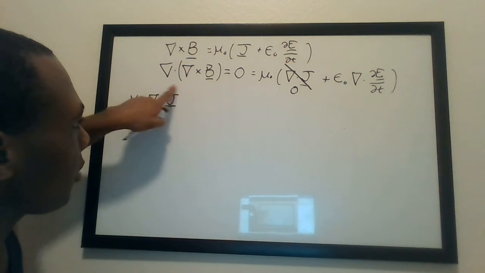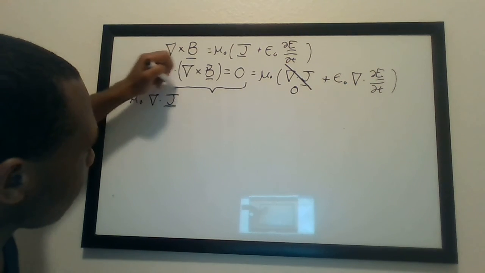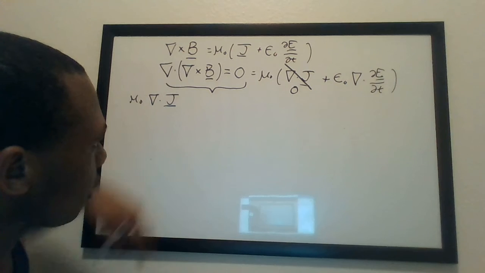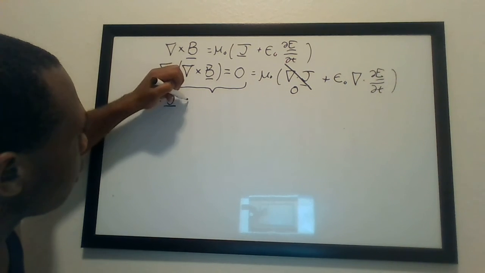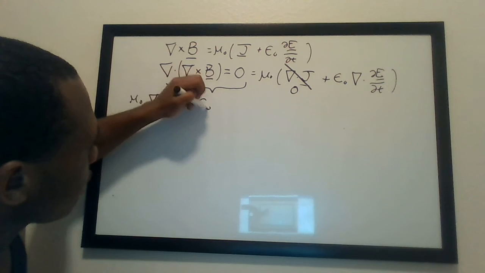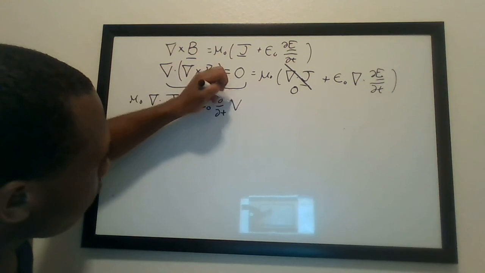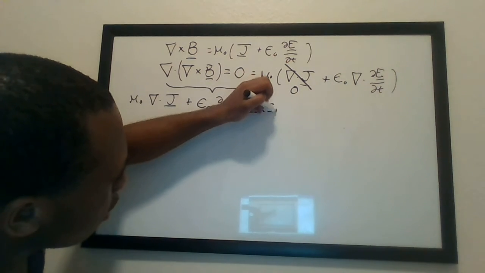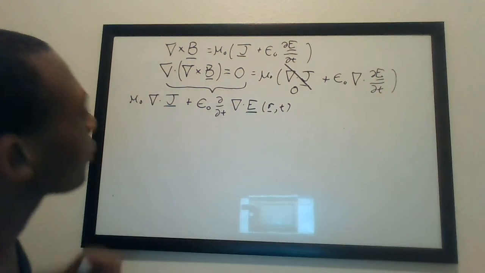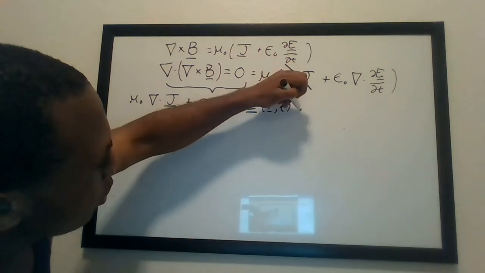That's why you typically see this form of Maxwell's equations in magnetostatics. So you have plus epsilon naught time derivative of the divergence of E, which is a function of position and time. And this has to be equal to 0.